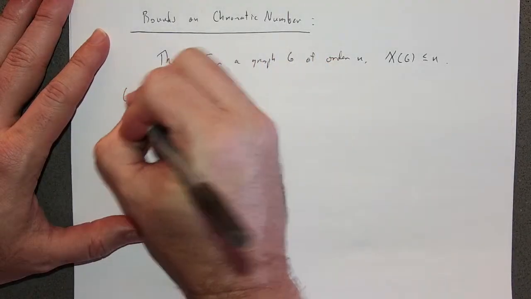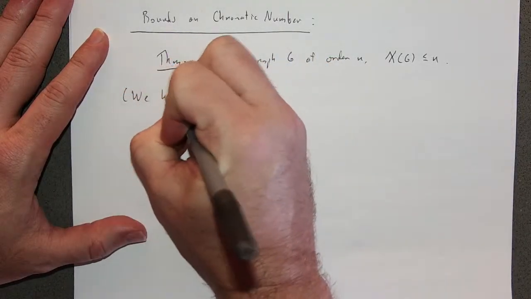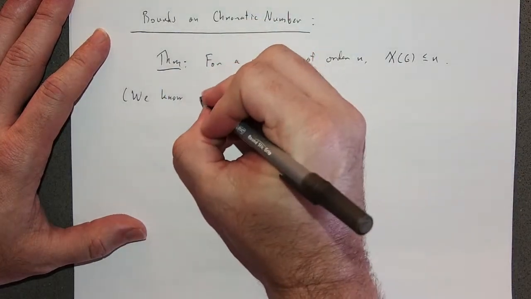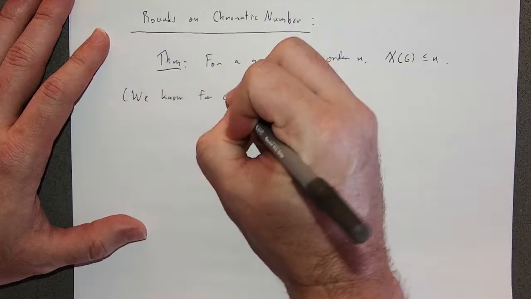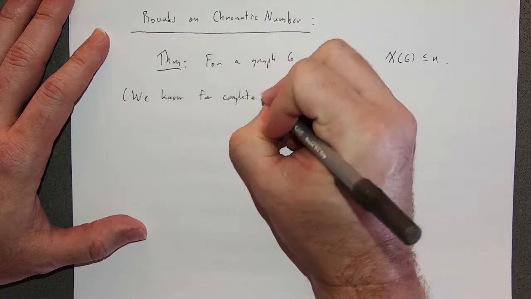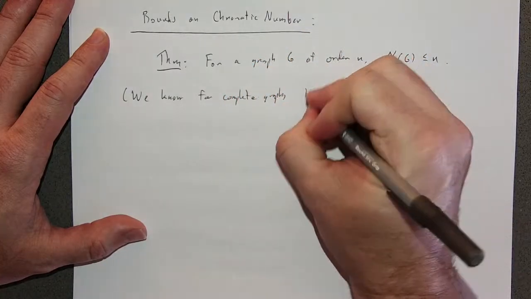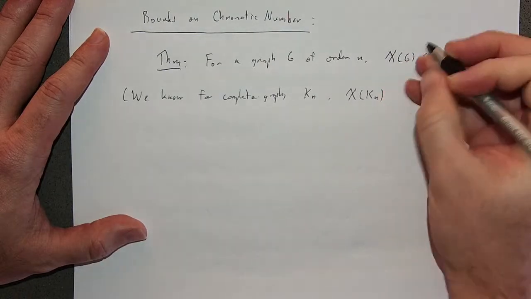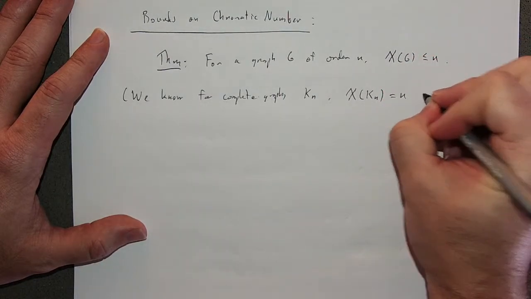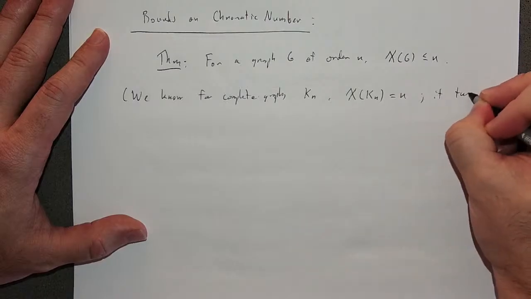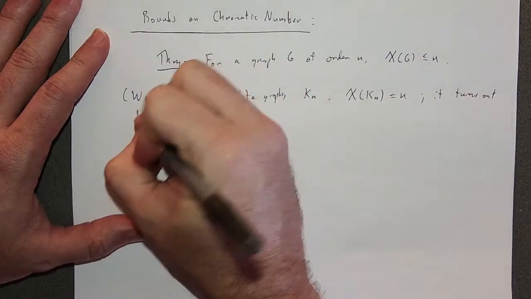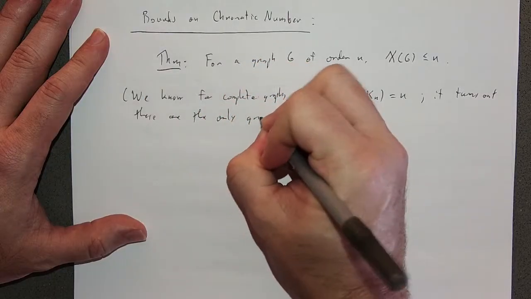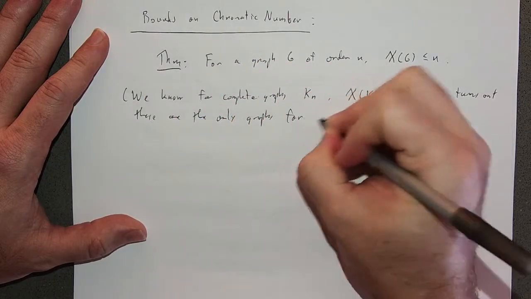So we know that for complete graphs, the chromatic number of a complete graph is equal to n. It turns out these are the only graphs for which this bound is sharp.